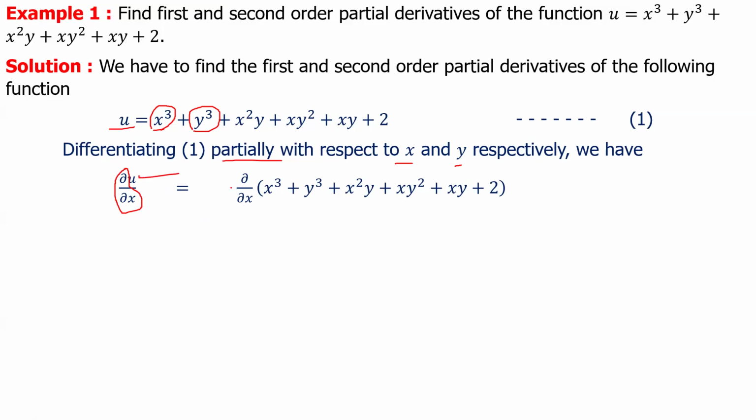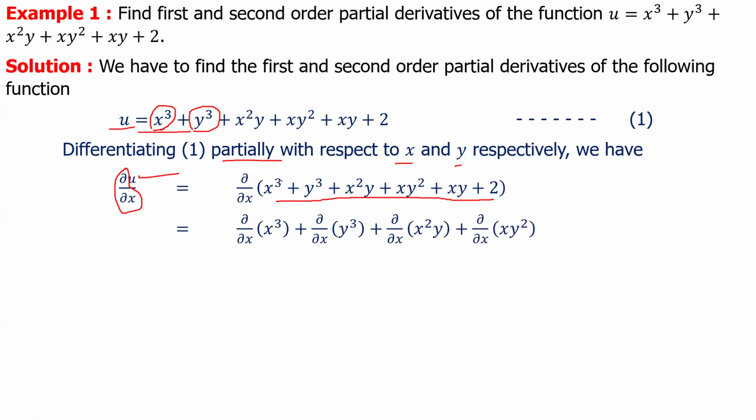Now, let us put the value of u. u is nothing but x cube plus y cube plus x square y plus xy square plus xy plus 2. Let us do the separation. We have to open the bracket. So partial derivative of x cube with respect to x, partial derivative of y cube with respect to x, partial derivative of x square y with respect to x, partial derivative of xy square with respect to x, partial derivative of xy with respect to x, and partial derivative of 2 with respect to x.